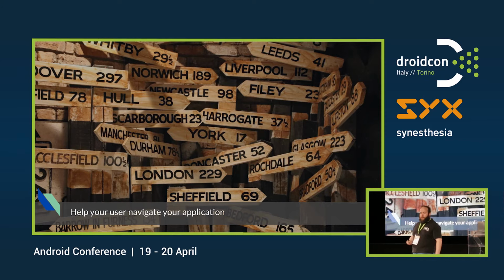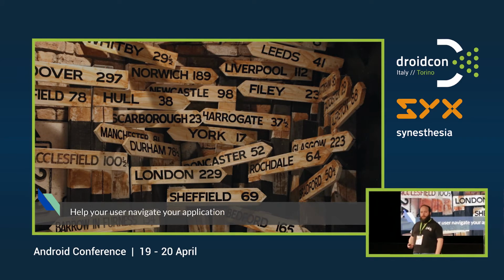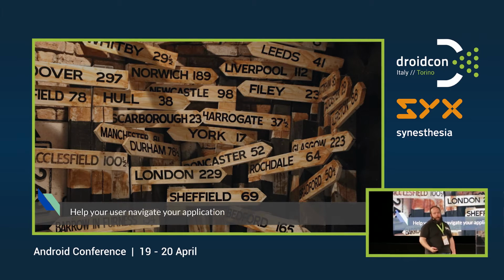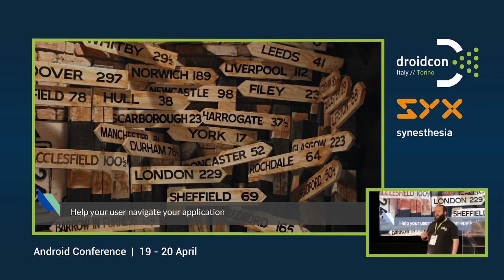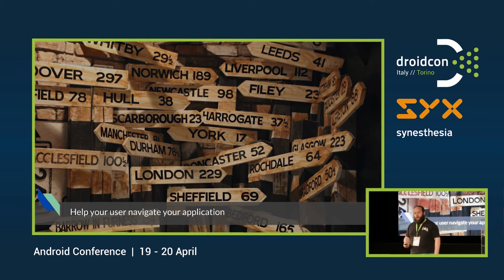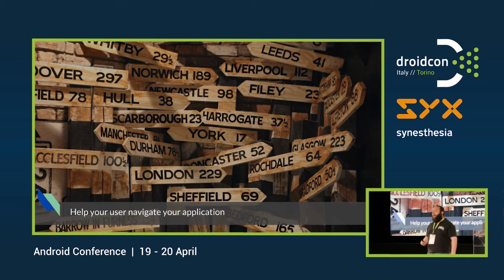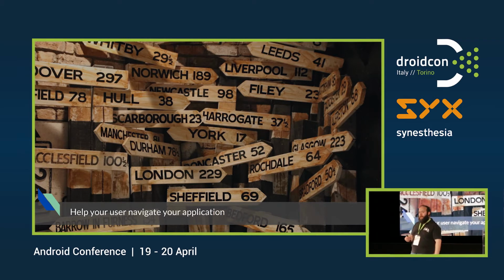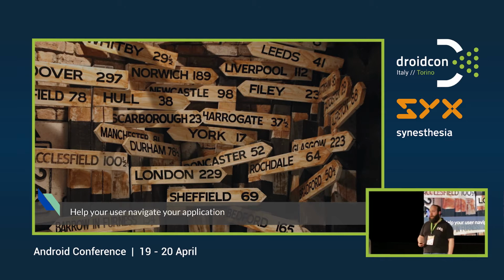Why do we need to help our users to navigate our application? Imagine being on a busy road with confusing road signs. You don't know where you can go. You need to travel from point A to point B, but if the road signs are really confusing, you may end up at point C or somewhere else.